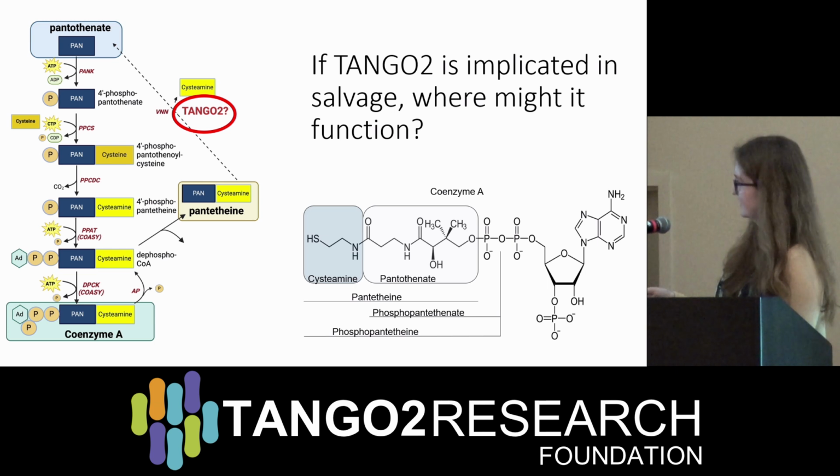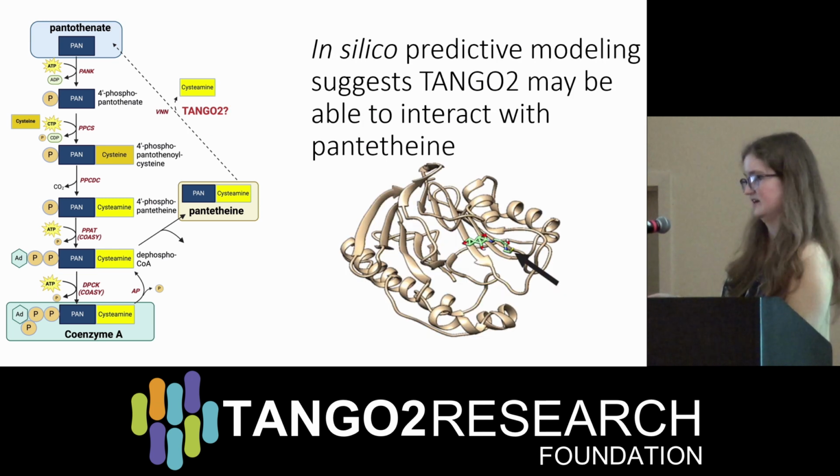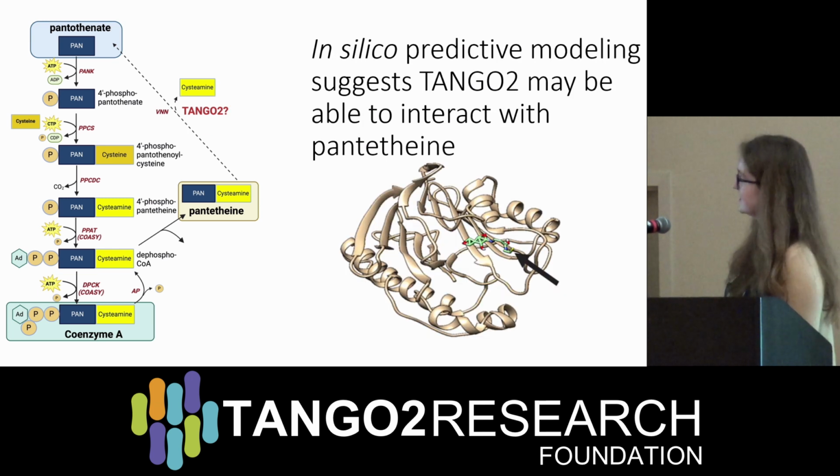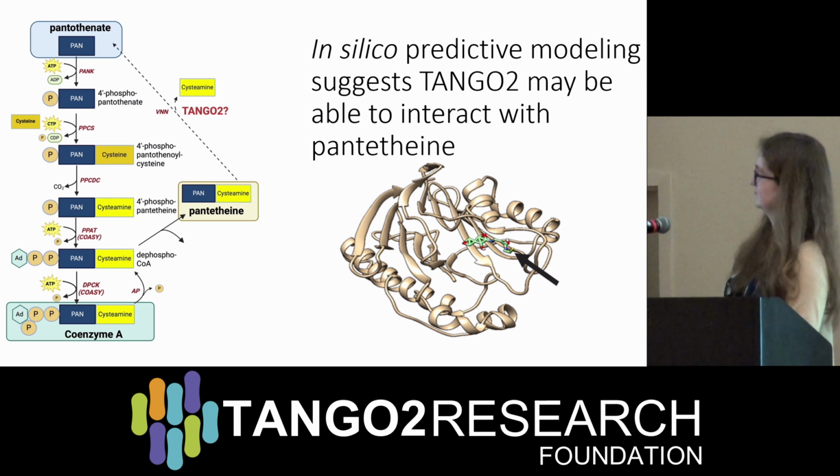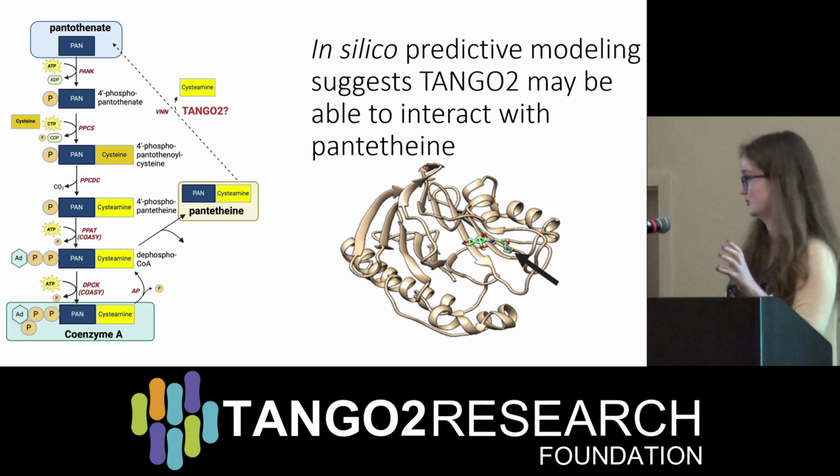We're particularly interested in this compound because we've done some modeling of the TANGO2 protein using in silico predictive pathways. These are able to predict what we think the structure of TANGO2 might look like, which can tell us a lot about what we think TANGO2 might be able to do.